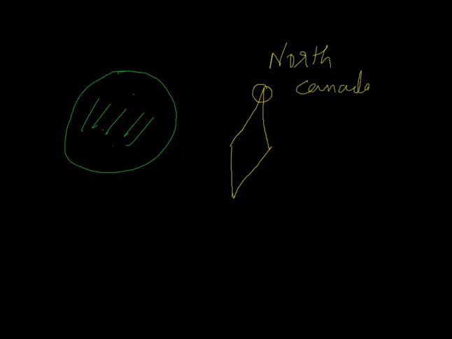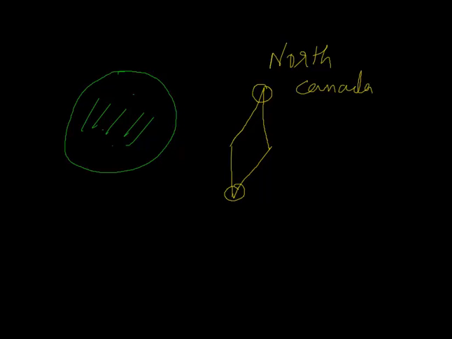If you take one such magnetite needle, you see that this side of the magnetite needle points towards northern Canada, that is situated towards the north pole of earth, that is the geographic north pole of earth, while the other portion is towards the south pole of earth.